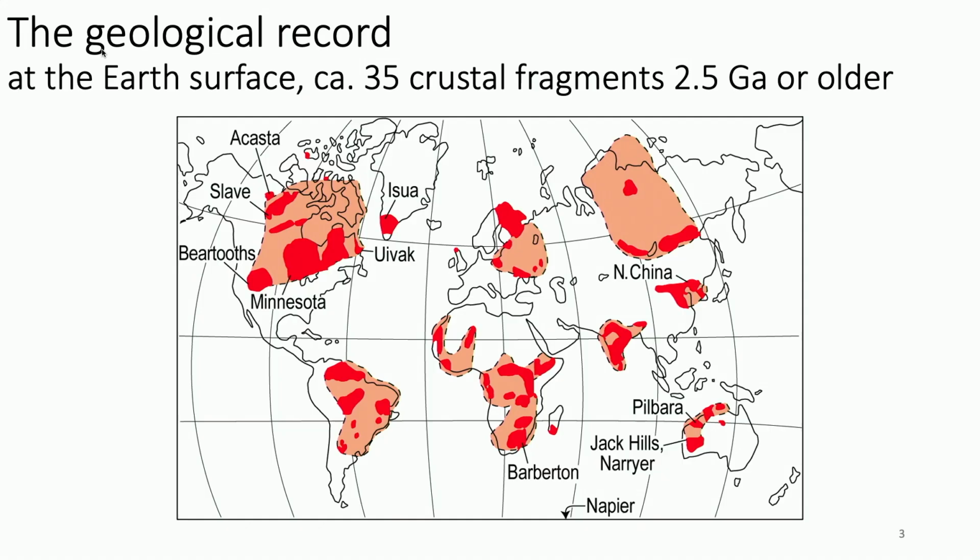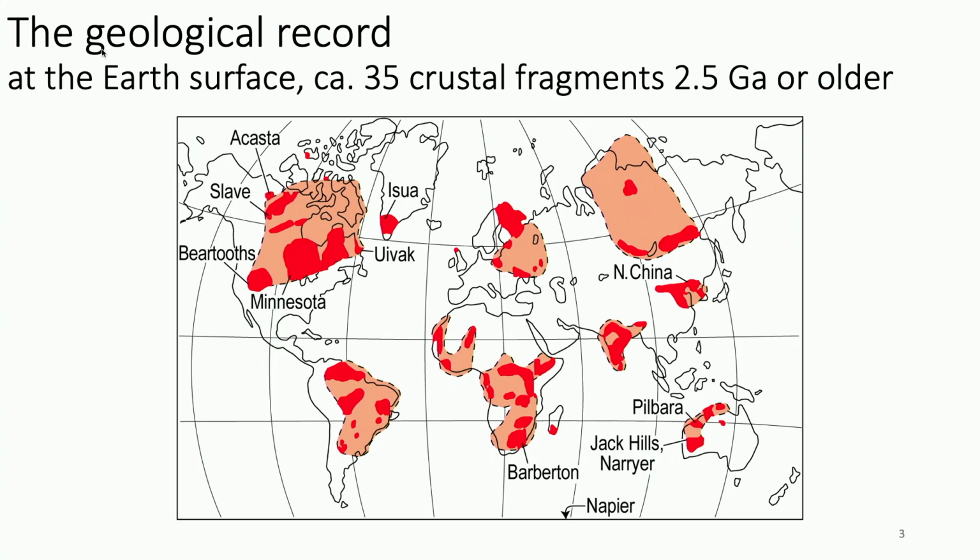There's a real challenge in looking at the early environment of the Earth. Here is a map of the outcrops where there are some crustal fragments outcropping. You see it's a very low surface coverage of the Earth.